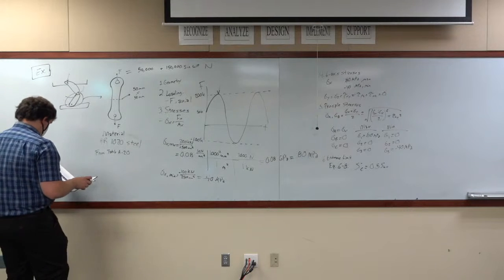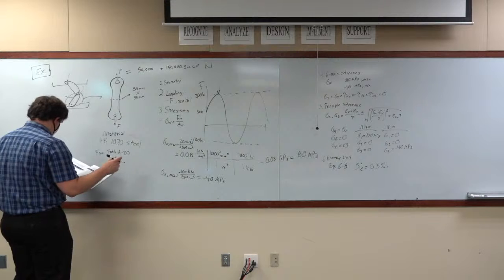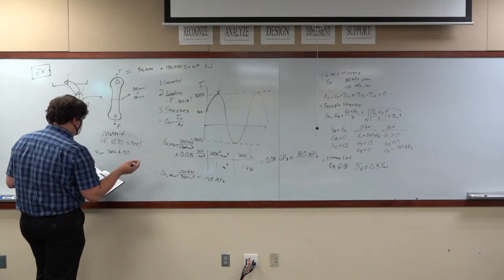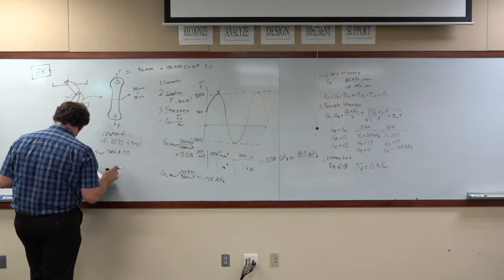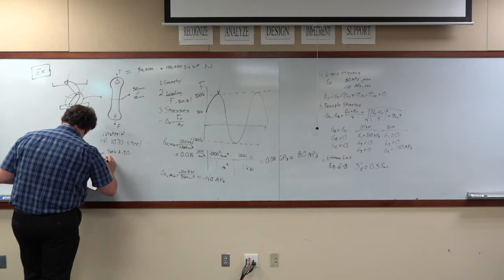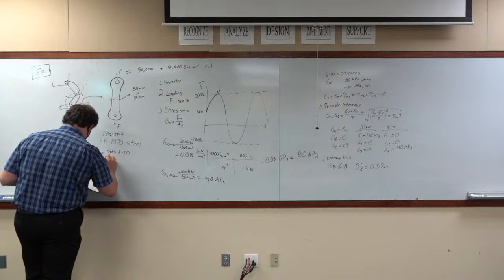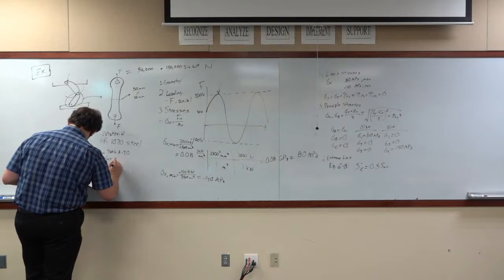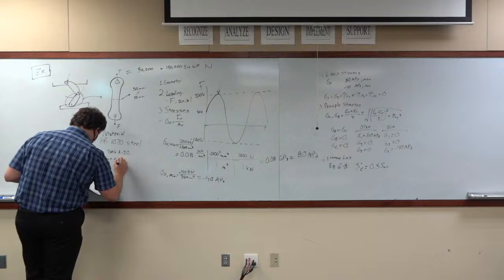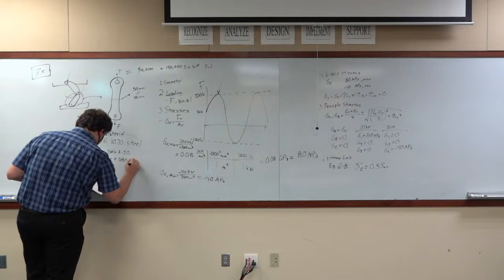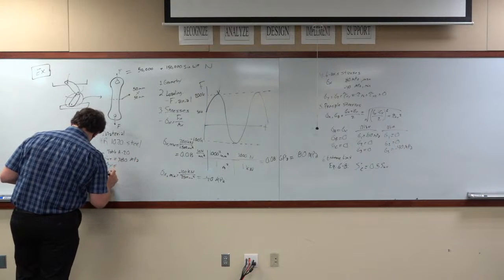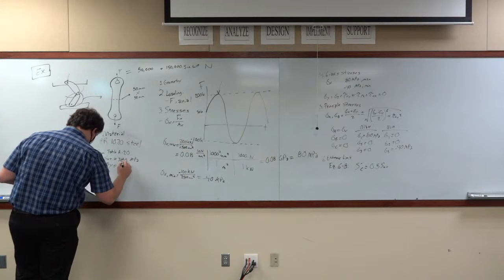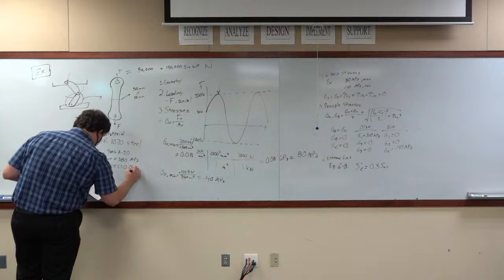But anyways, it's just different people did different tests. I don't care, as long as you use one, and as long as one of them is right, I don't care which one you use. So this is the tensile strength, SUT, is equal to 380 megapascals. The yield strength, SY, is equal to 210 megapascals.